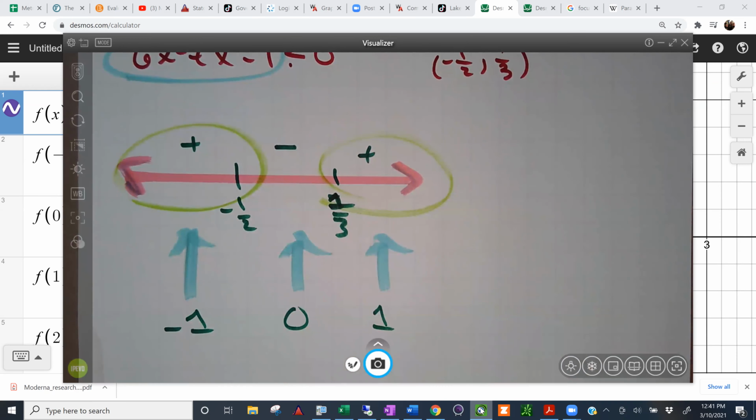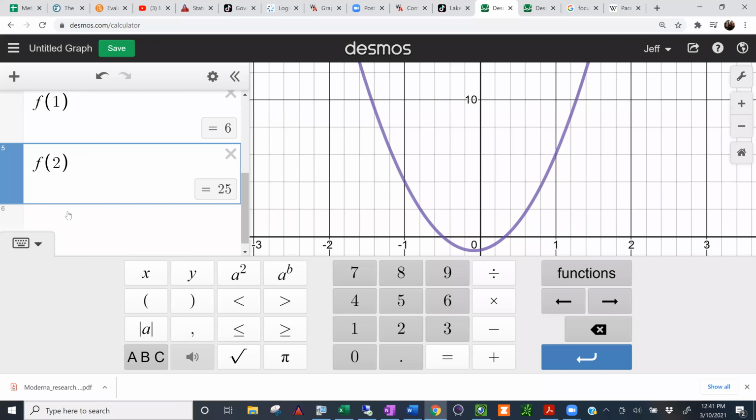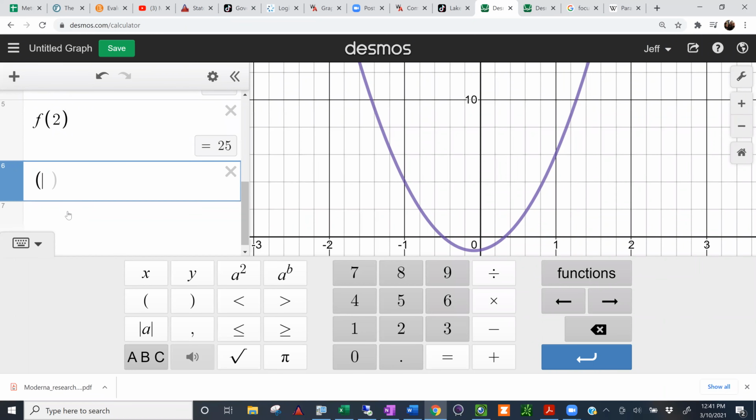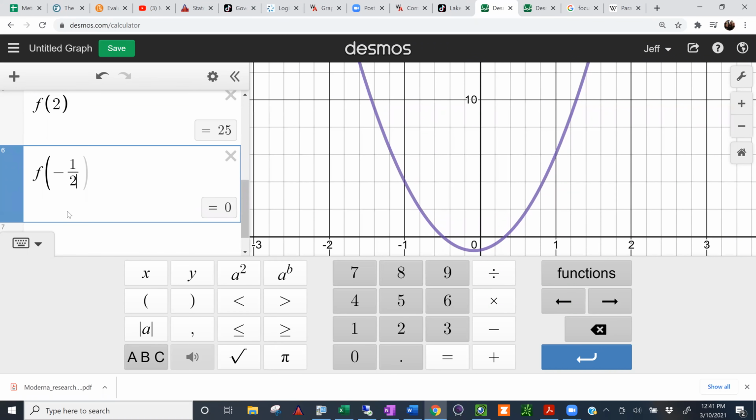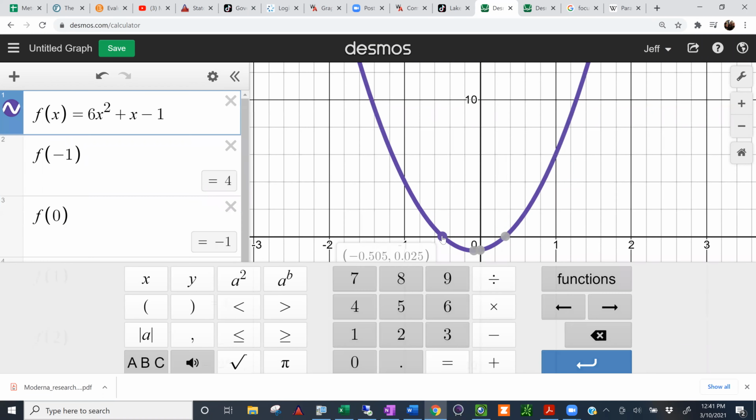Now here's one other little bonus for us. Let's go back here. Can anyone tell me, before I type it in, what's going to happen if I type in f of -1/2? What'll I get? 0, right? Oh yeah, because f of -1/2, that's the root.